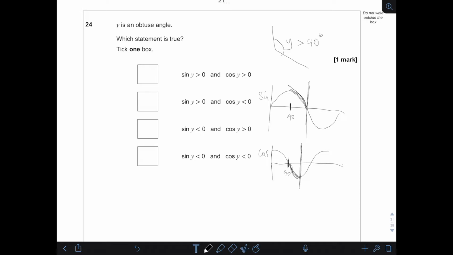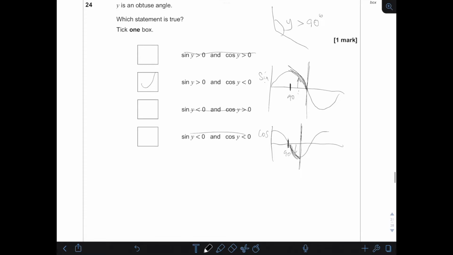And we know that sine y, if it's greater than 90, sine is greater than 0, cosine y is smaller than 0. So it's not this one, it is this one, not this one, and not that one. Okay, so that's how you're meant to do this, rather than whatever I just tried to do, which is to use triangles.